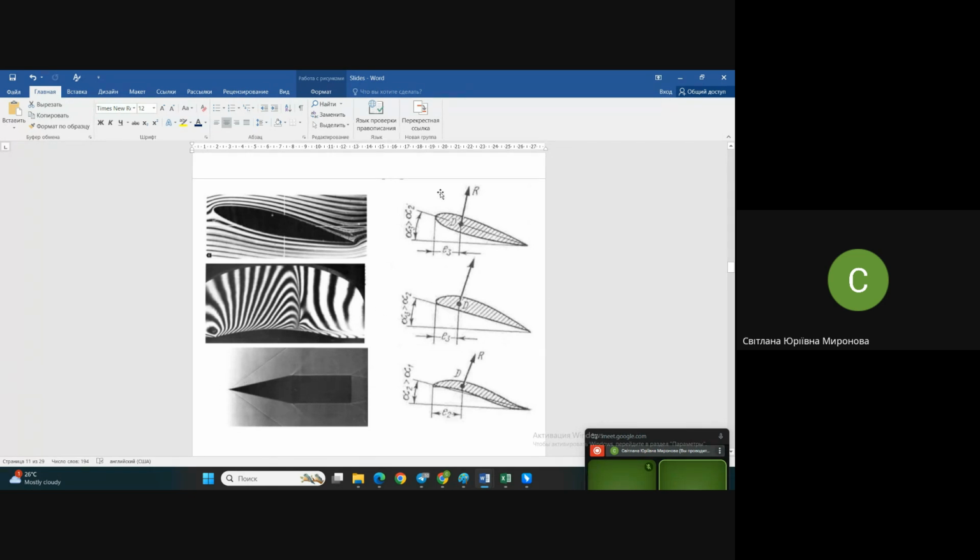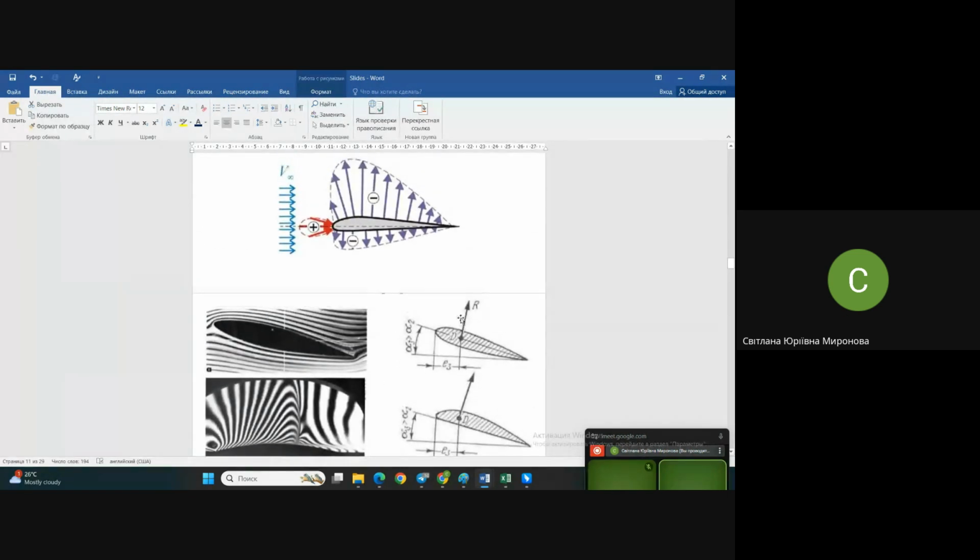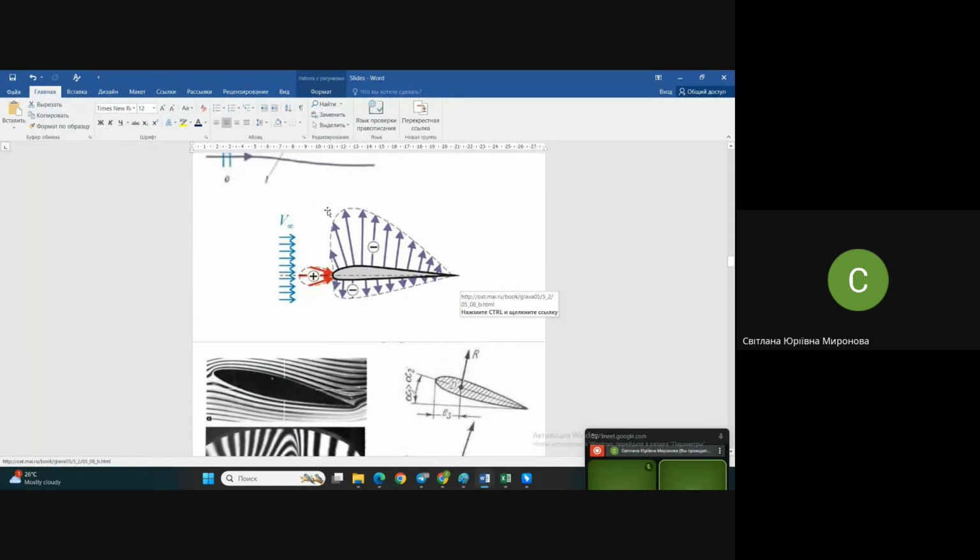And what is shown on the right: after obtaining such charts for pressure all over the surface, it's possible to find the so-called resulting force.